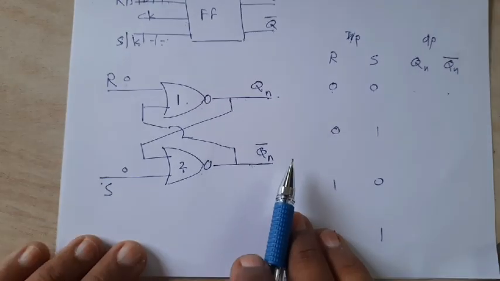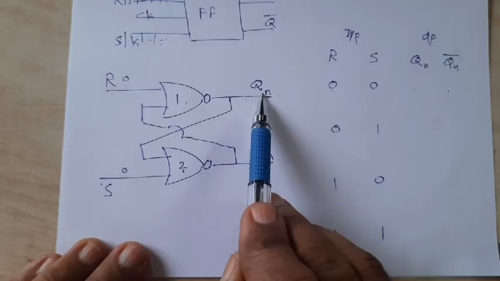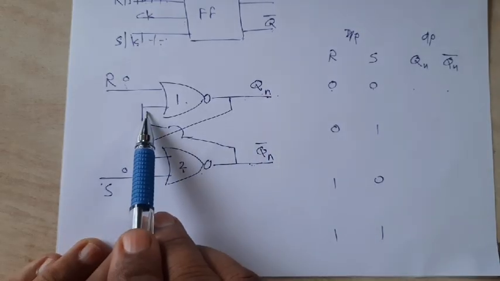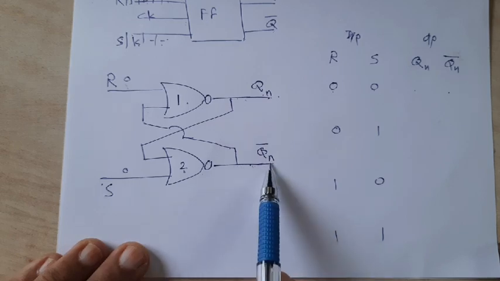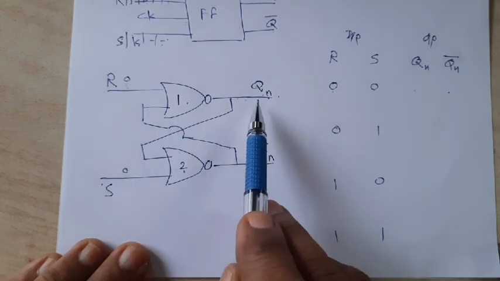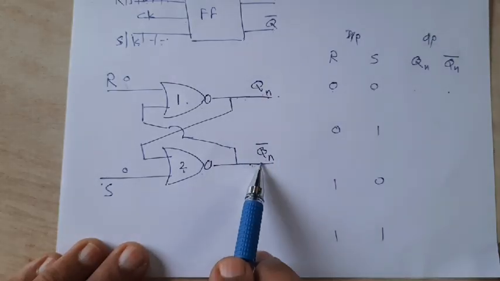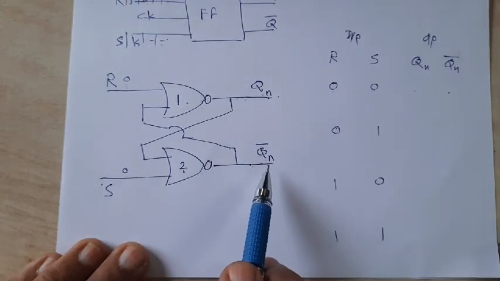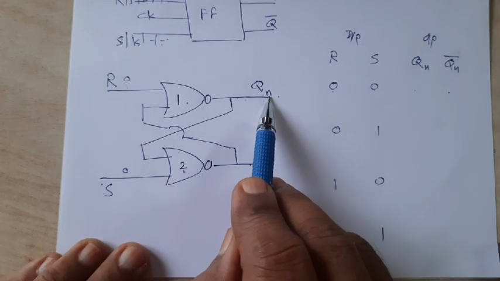And so, if R is 0, Qn depends on the other input, which is Qn bar. Right? So, if Qn bar is equal to 0, then Qn is 1. And if Qn bar is equal to 1, it is previously 1, then you will observe that it becomes 0.